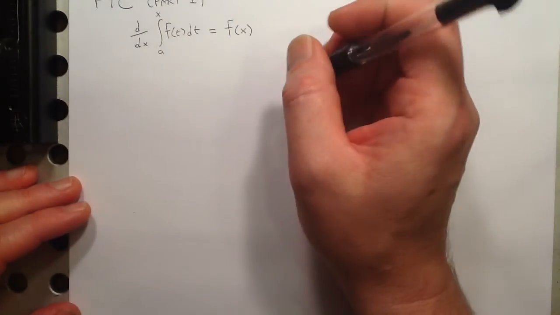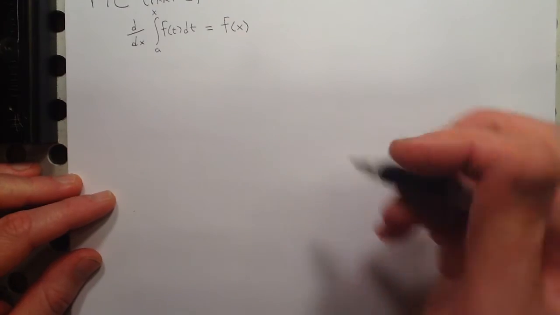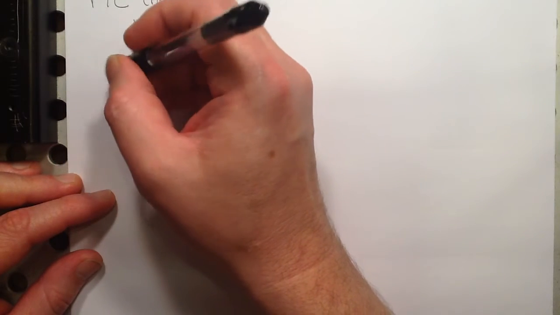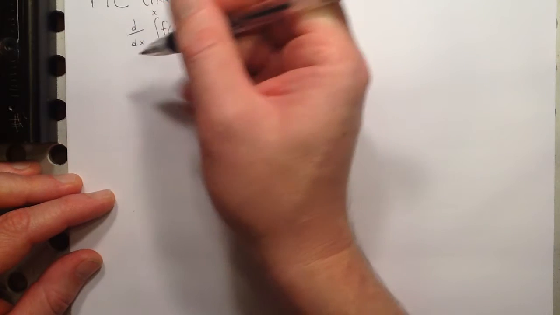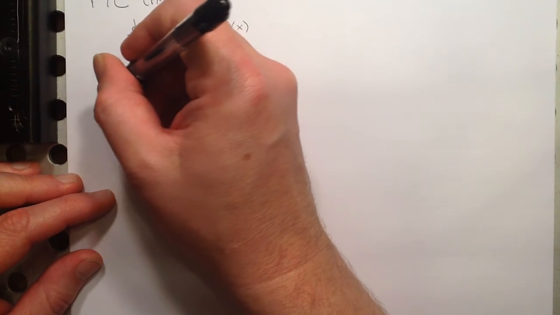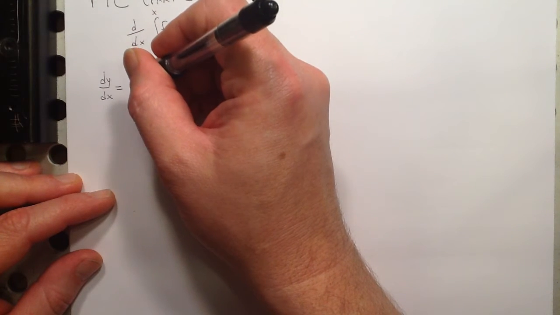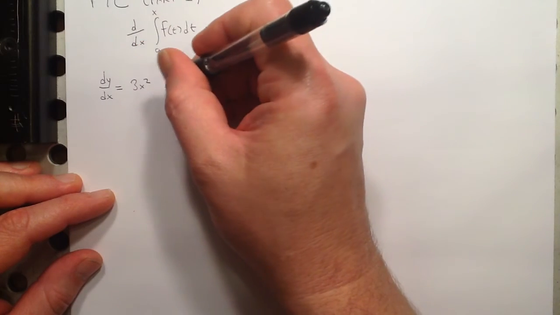Now, the fundamental theorem part 2, we could say this. Let me just remind you that if we have some function whose derivative dy dx is equal to, let's say, 3x squared, I'd use that as an example.